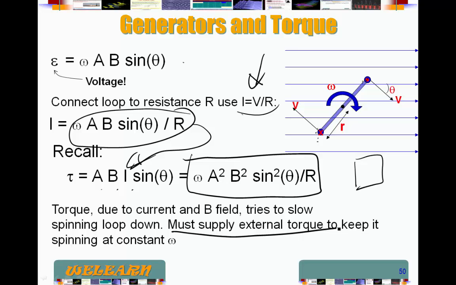So that's conservation of energy. And that's an interesting concept. If the generator is not connected to the grid, it's going to be easy for us to spin it around. The minute we connect it to the grid and we start having a current flow, then we are going to have a current in the loops. They are going to experience a torque. So we have to overcome that torque to keep it rotating at a constant velocity.